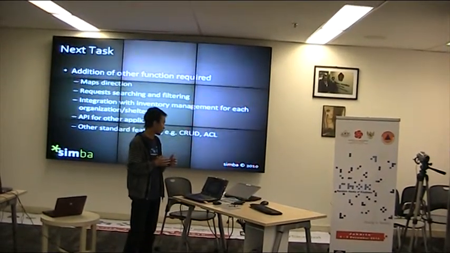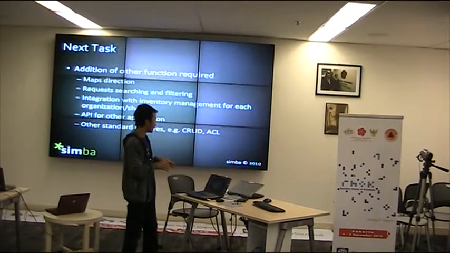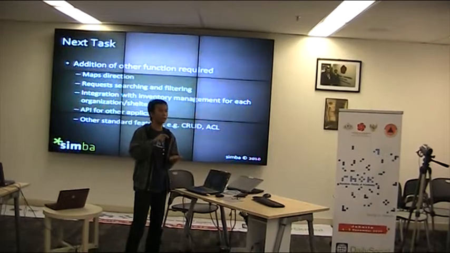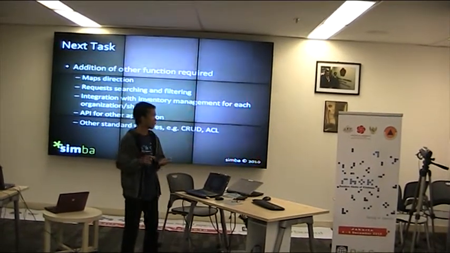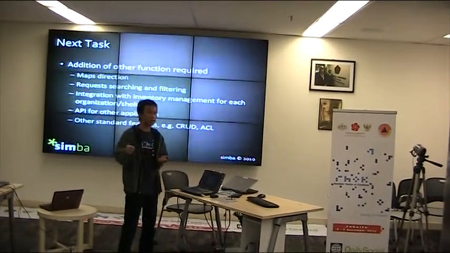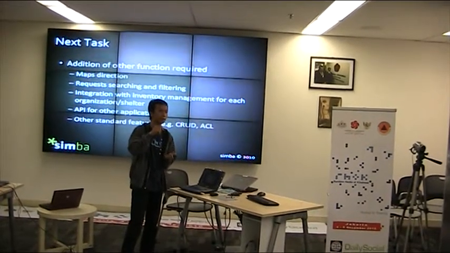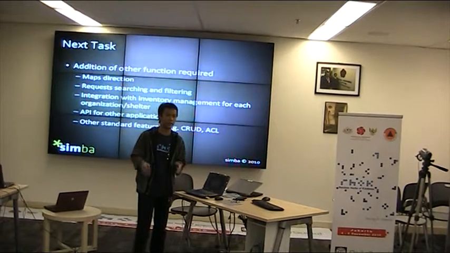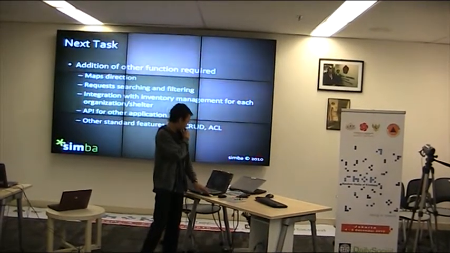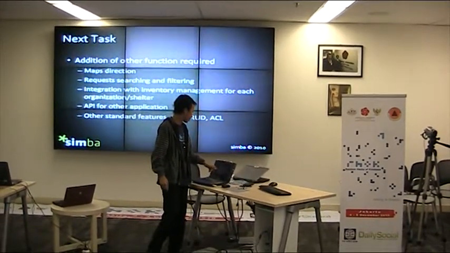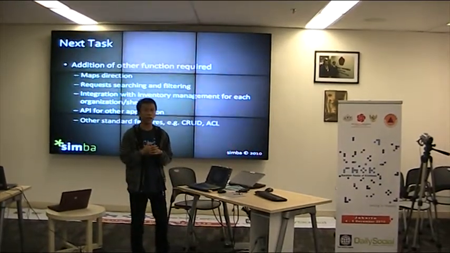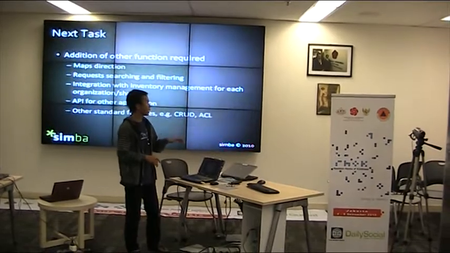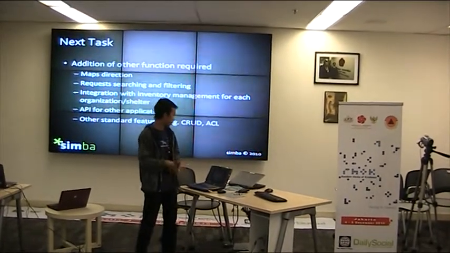So if I open the internet, I know where I am right now and where the nearest shelter that I can reach is, and the direction from here to all of the shelters. And next, we hope that we can request searching and tutoring. So if I have rice, I can search where a shelter needs rice and so on.